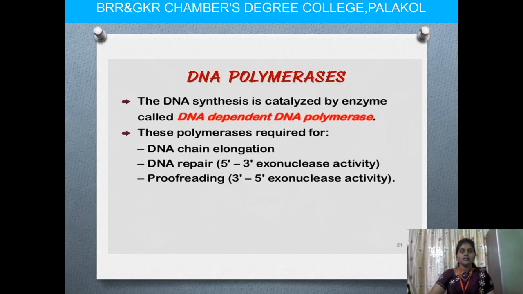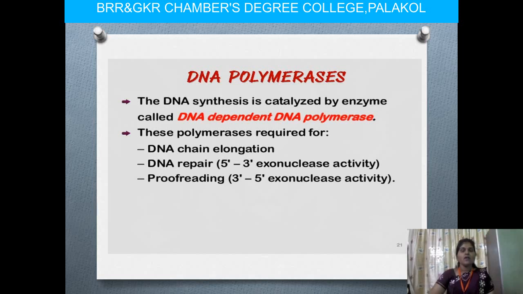Then we have to know clearly about the DNA polymerases. DNA polymerase is used for the synthesis of DNA. It is an enzyme called DNA dependent DNA polymerase. It is required for the DNA chain elongation, and it has 5' to 3' exonuclease activity.